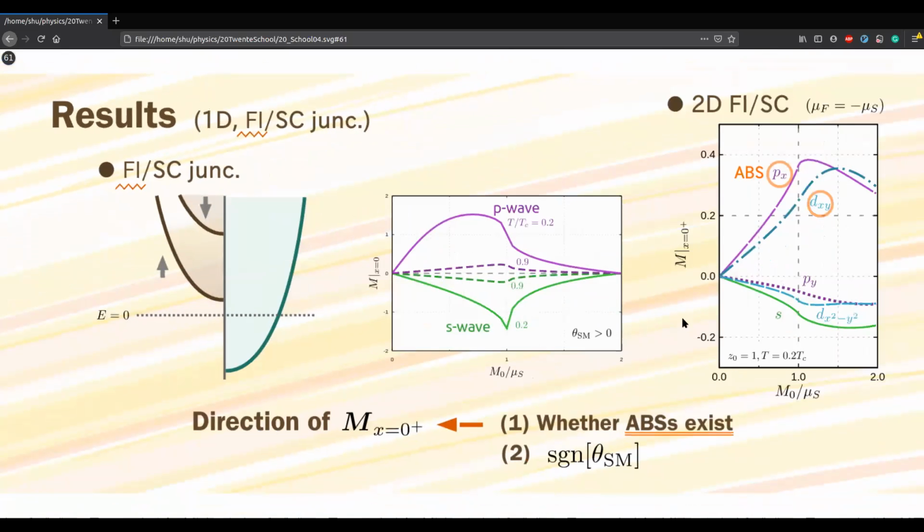The results for Px and dxy are always opposite to the usual S-wave superconductors. In these two cases, the surface Andreev bound state appears. So the direction of the induced magnetization is determined by whether the Andreev bound state exists, and also the sign of the spin mixing angle.